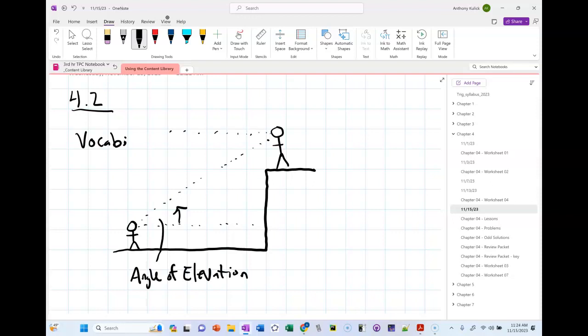Because what are you doing with your head to look up at the person? You're elevating your line of sight, right? And then if you're the person on the top, and you tilt your head down to look at the person below, we call that angle the angle of depression.